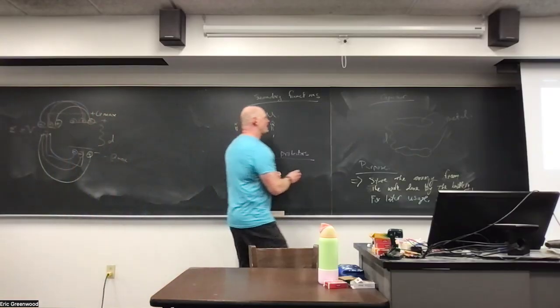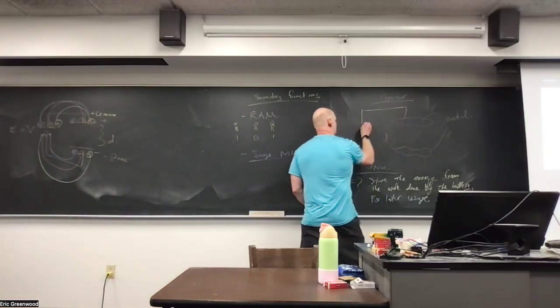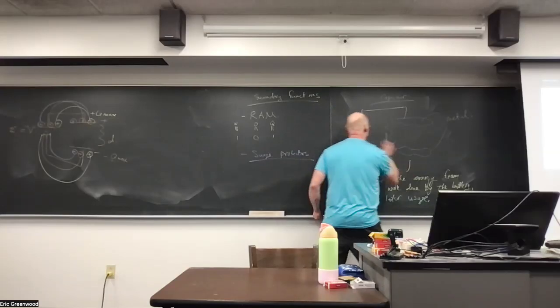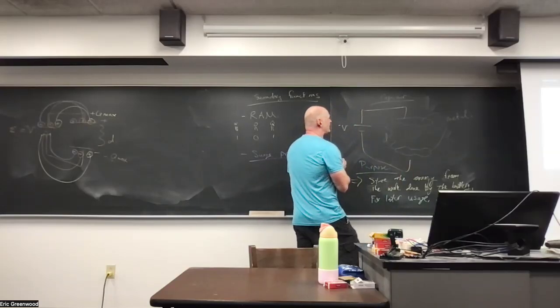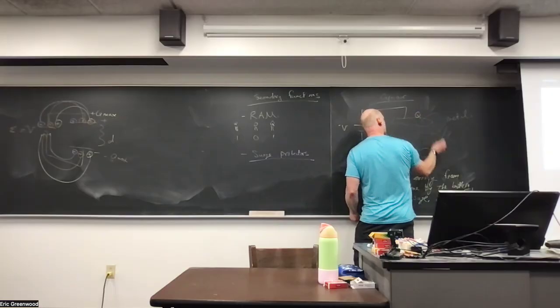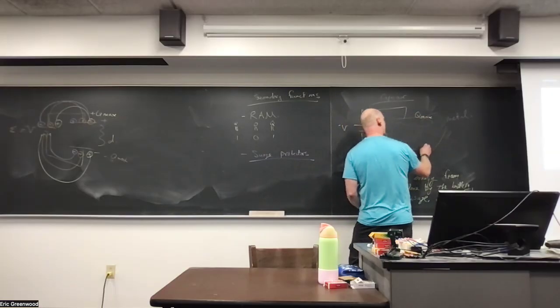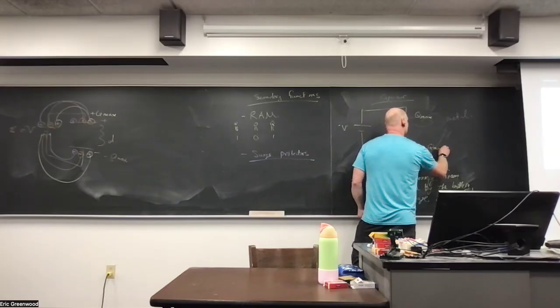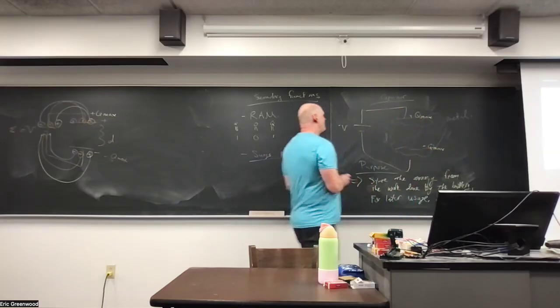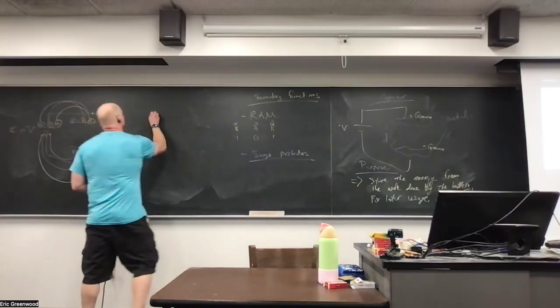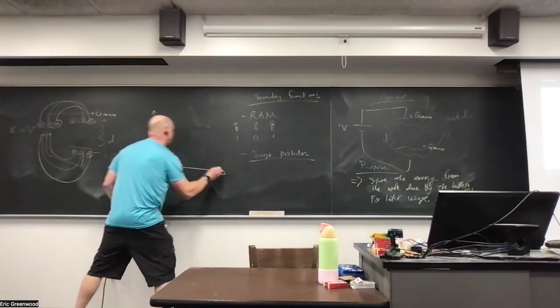Now, again, if I hook this guy up to a battery, so here's my battery, my capacitor is going to reach, as we just said, some maximum charge. So this guy's going to become positively maximally charged, and this guy's going to become negatively maximally charged.